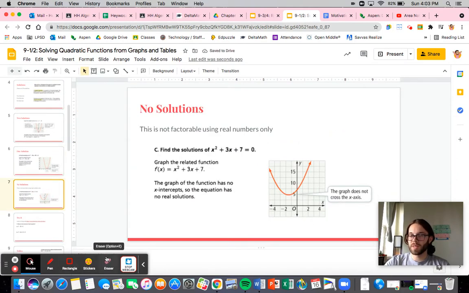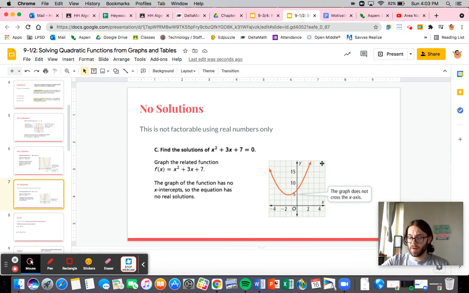So a no solution situation is going to be where it never crosses the x-axis. Now, we really have not been encountering a lot of these, because so far we were talking about factored form, where we had the roots and things like that, vertex form, and we weren't necessarily looking at this kind of situation as much, but now it is something to be considering, right?